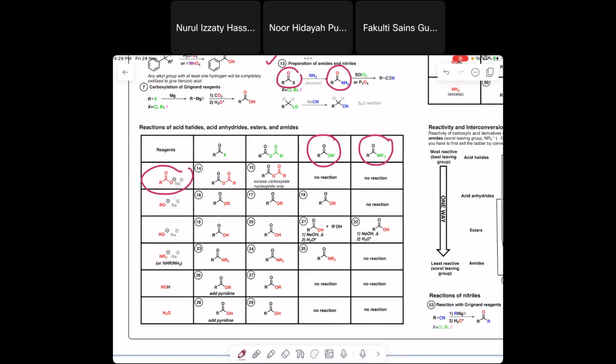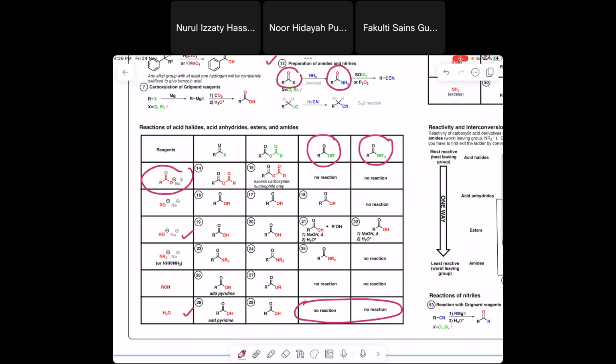Okay, tapi ester boleh react dengan this sodium alkoxide ni, boleh macam transesterification jugalah, tukar je OR dia, tapi coming from the sodium species. Ester are much more reactive than amide. You tengok amide ni lebih banyak reaction dia daripada ester. Okay, just for you to understand the table. So reaction dia yang boleh berlaku is hydrolysis. Tetapi hydrolysis dia dekat sini, kalau tanpa catalyst kat sini, terus dibagi reaction.